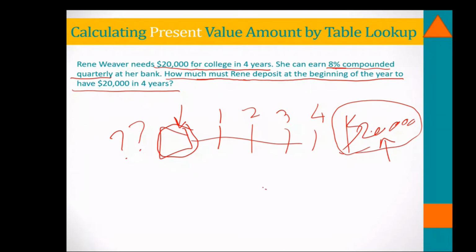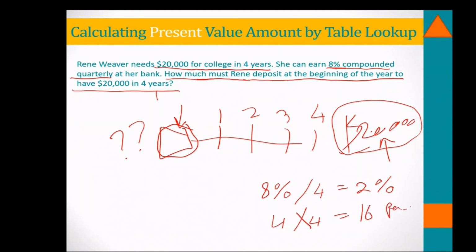At the bank, 8% compounded quarterly, so 8 divided by 4 is 2%. How many years? 4 years, times 4, sorry, 16 periods. 16 periods and 2%.